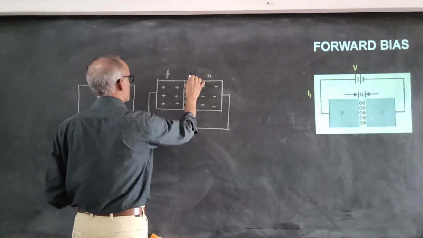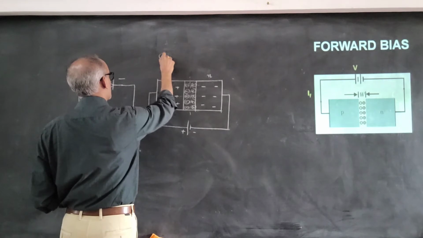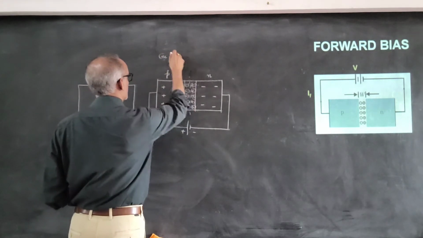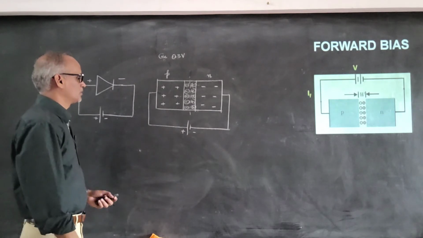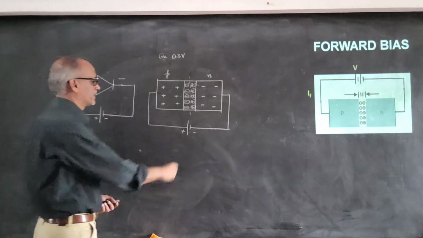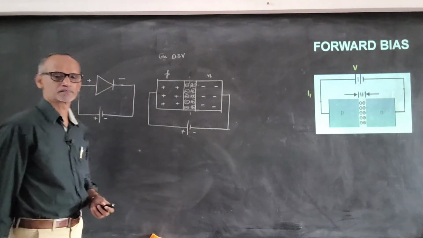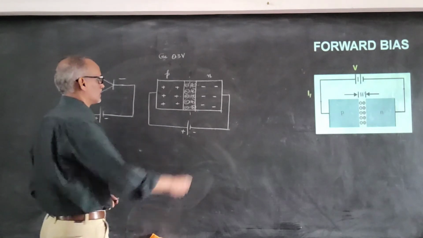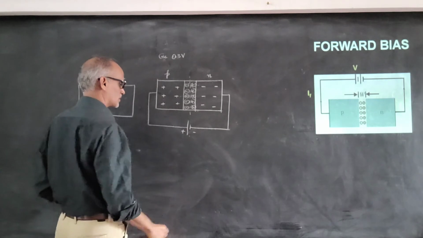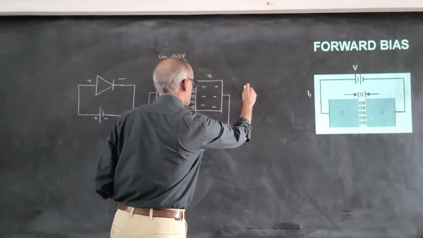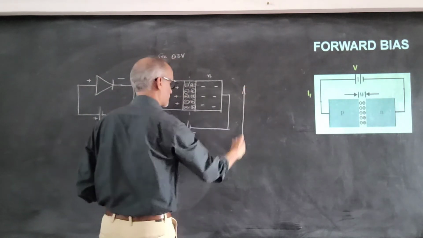So there is a junction potential. Let's take the example of germanium, which is about 0.3 volt. Initially, when this battery is switched on, this junction potential always opposes these charges, so that no movement of the charges takes place.